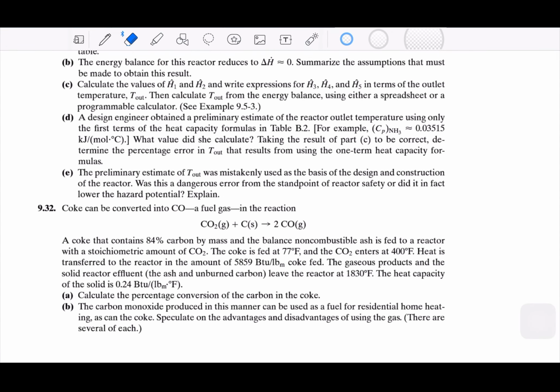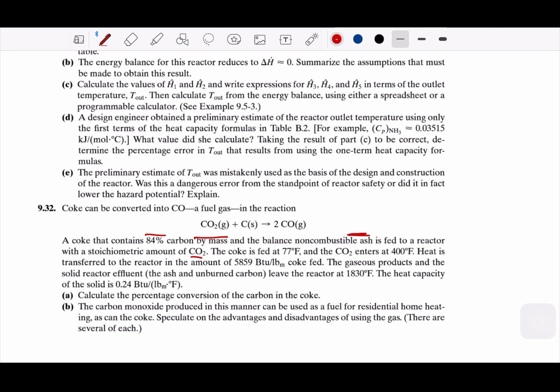So the coke can be converted into CO by these reactions. It contains 84% carbon by mass, and the balance is non-combustible ash, so it's not having any reactions. They are fed to the reactor with a stoichiometric inequality for this carbon dioxide.